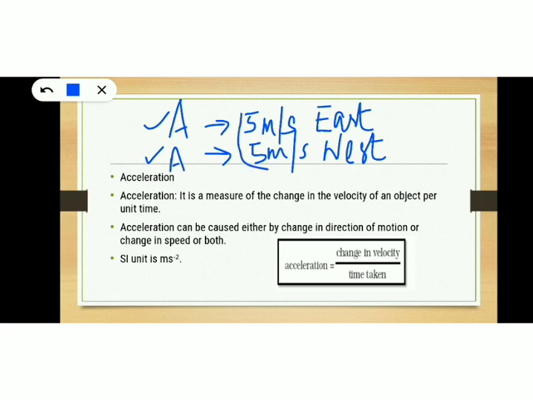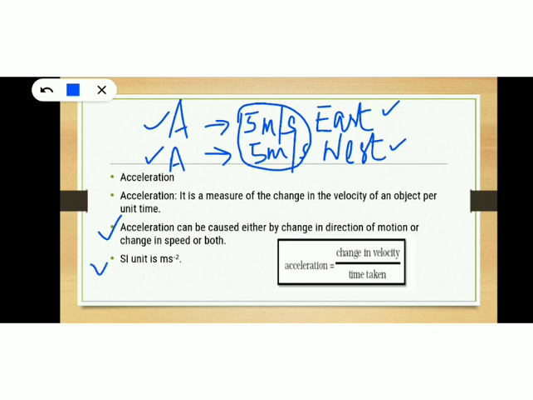So even though the magnitude of velocity is the same, the direction of motion is different. So even if there is a change in direction, there will be acceleration. It is not necessary that the magnitude must change for an acceleration to occur. That is what is meant by this statement: acceleration can be caused either by the change in direction of motion or change in speed or both.